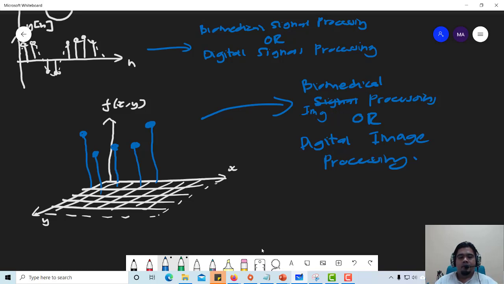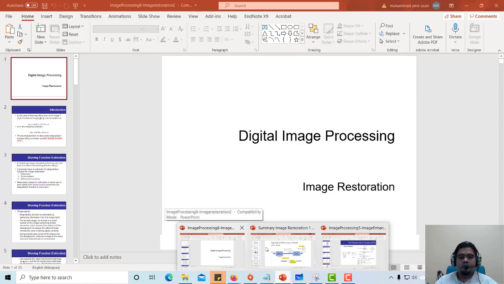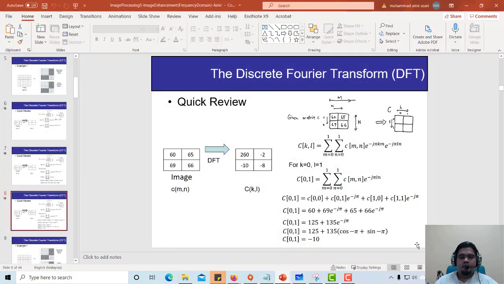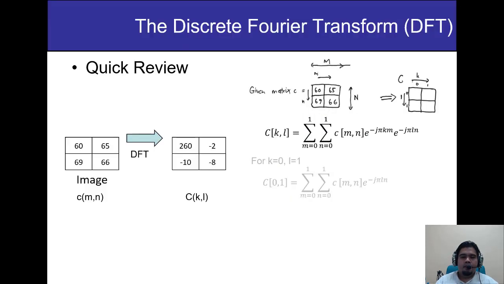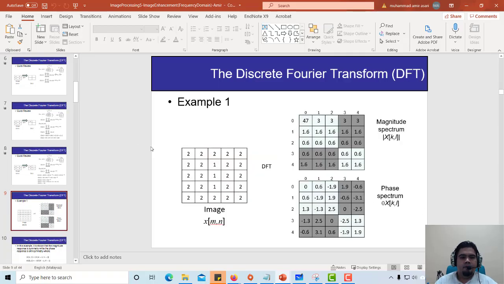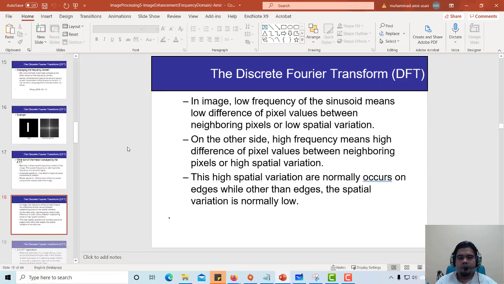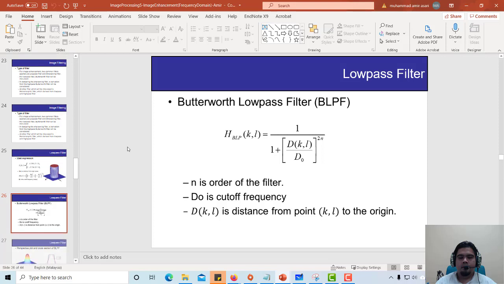So that's why in chapter 4, when we talk about the frequency domain, I'll give you an example. Last time we talked about our low pass filter, which is this one.